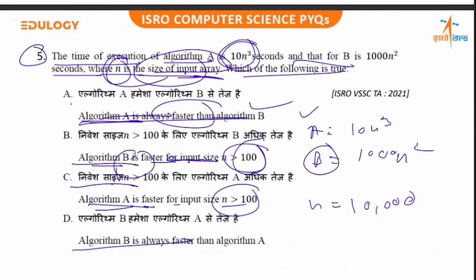Because if we talk about n equal to 1, no sir, B is faster. n equal to 2, n equal to 3, n equal to 4. But maybe there is some threshold value. From there, algorithm A is always faster than B. So for that, we can say option C is correct.